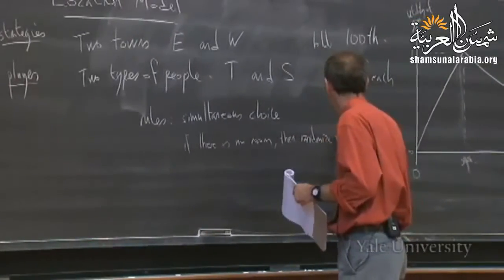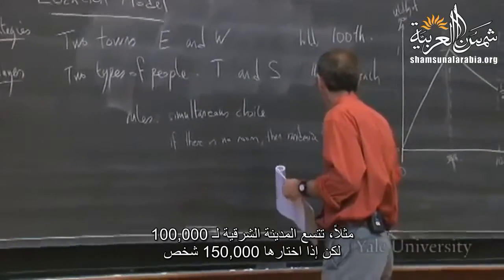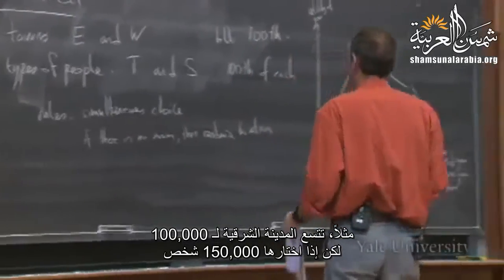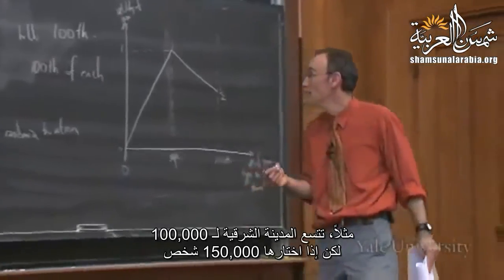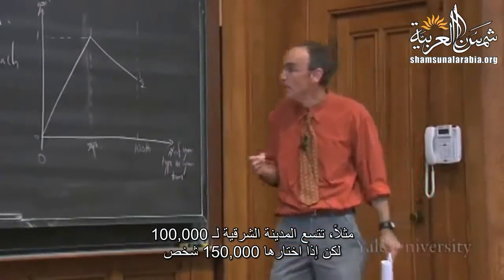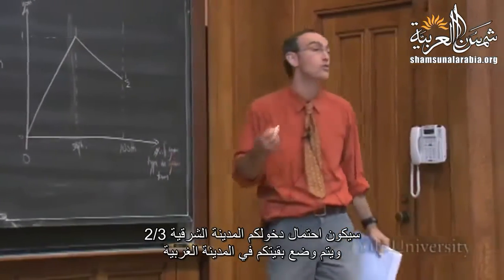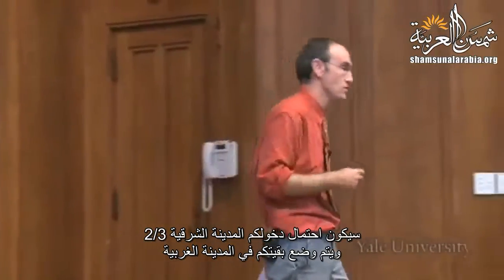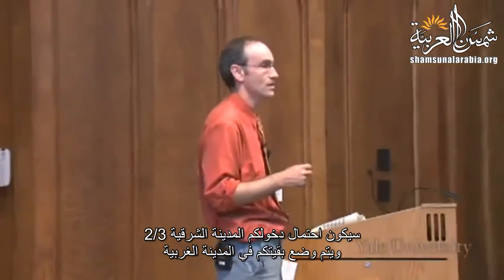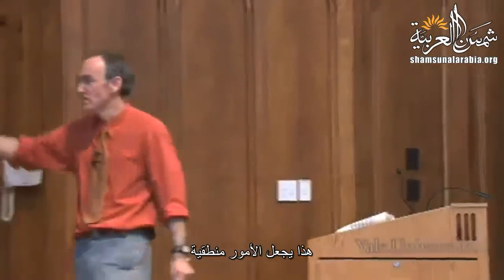People understand that? So for example, there's 100,000 places in East Town, so if 150,000 people chose East Town, you're going to have a 2/3 chance of getting into East Town, and the rest is going to be allocated to West Town. Does that make sense? I just need something to make things add up.